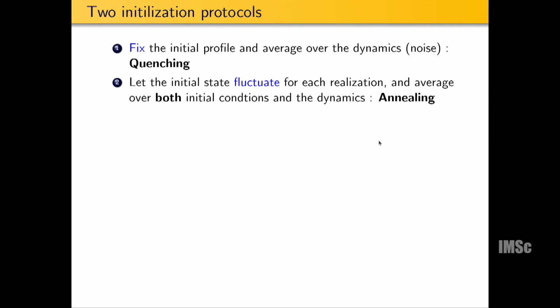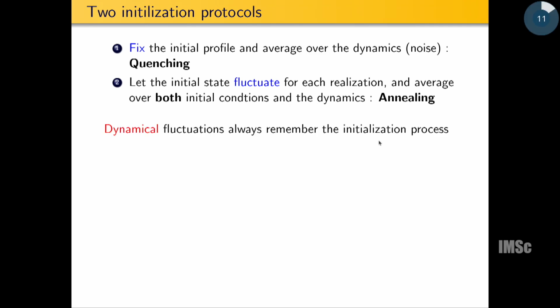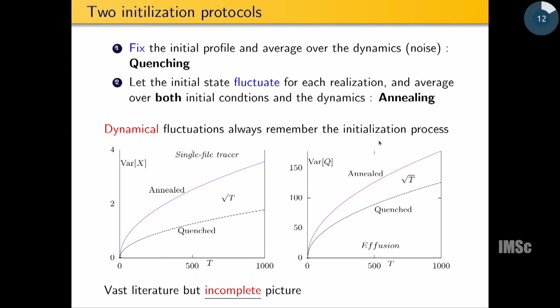Now, if you take these two approaches, what one sees is that the dynamical fluctuations of these observables, the current and the mean square displacement, which are all dynamical observables, always remember the initial state. What does it mean? On the left, you have the variance of the position of a tracer particle.